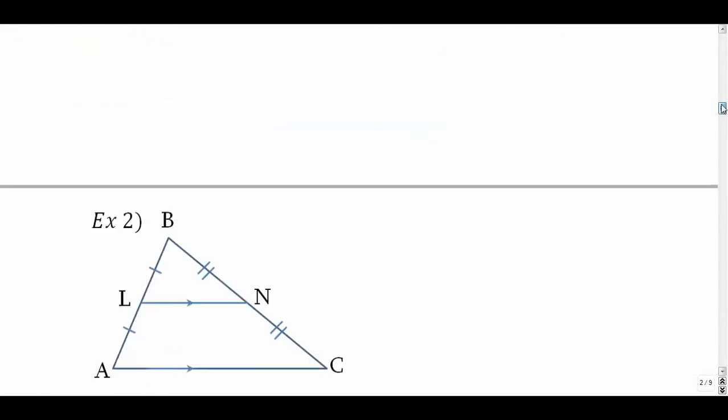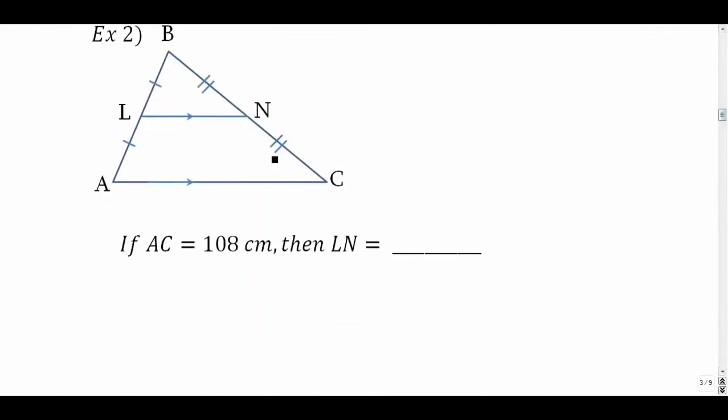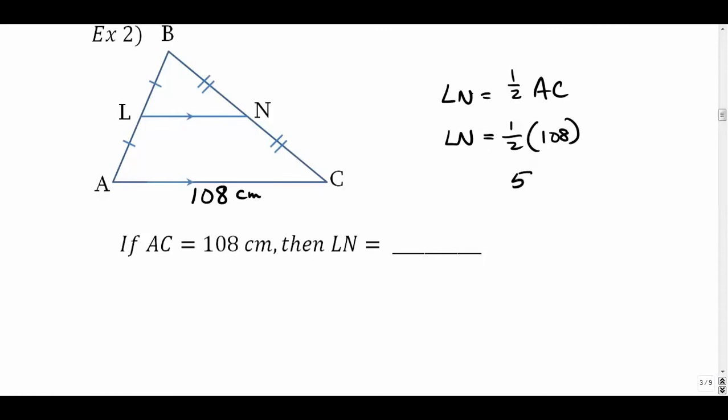Number two, this time I'm going to give you the side, segment AC, and ask you for the length of the midsegment. Same idea, same theorem. The midsegment is half as big as segment AC, so 1/2 times 108. So that's 54 centimeters, and it fits nicely, right? That should be half as big as the segment that's parallel to it.